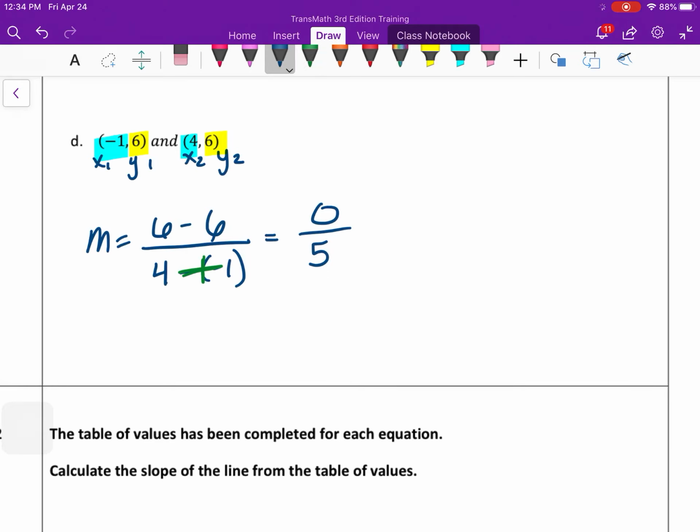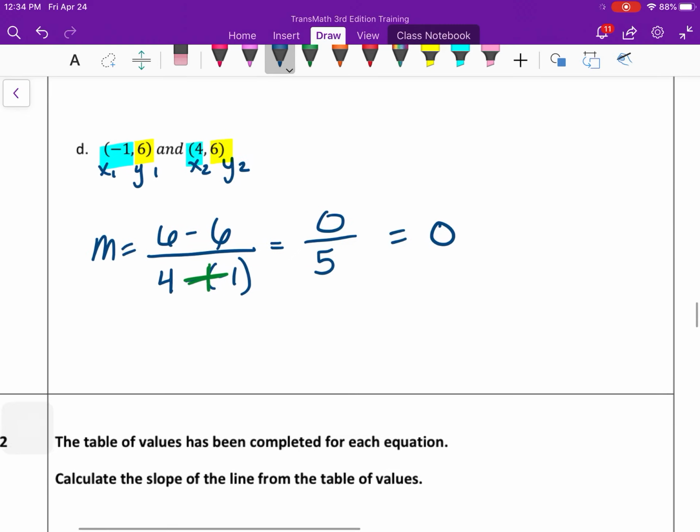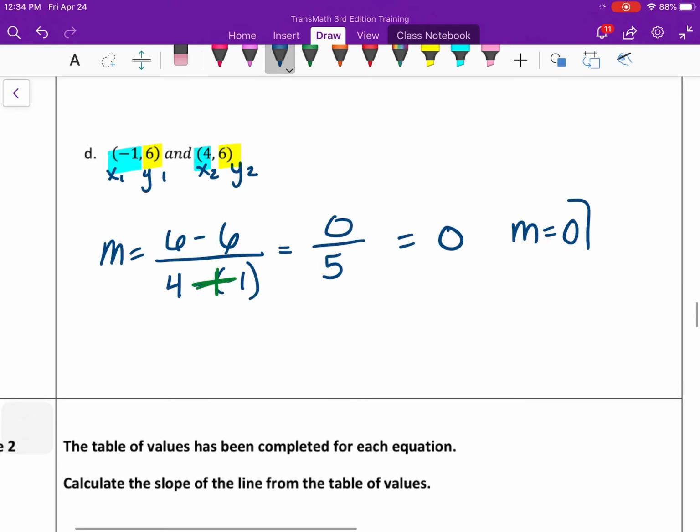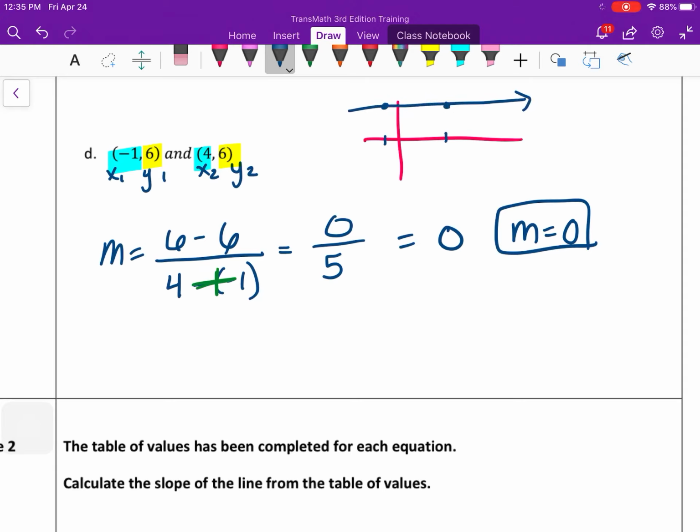Now, it is okay to have 0 on the top. 0 divided by any number is just equal to 0. So this one has a slope of 0. So this means that this must be a horizontal line. If you think about the point negative 1, 6, and the point 4, 6, this is a horizontal line. Slope of 0 is like the floor, it's flat.